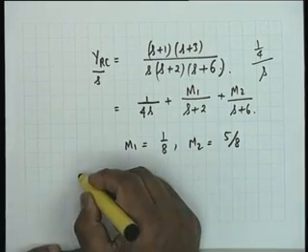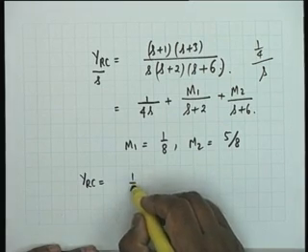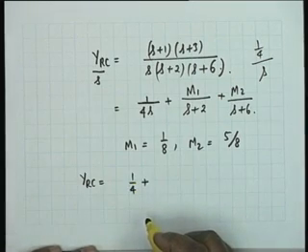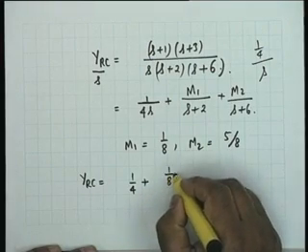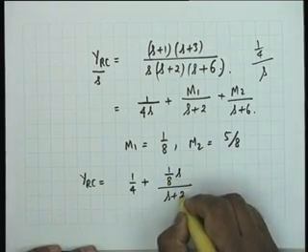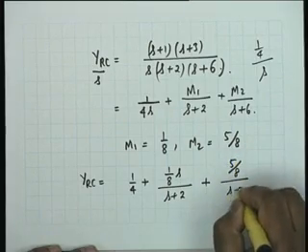So I can write down Y_RC is equal to 1/4 plus, now I multiply by S, (1 by 8) S divided by S plus 2 plus (5 by 8) S divided by S plus 6.